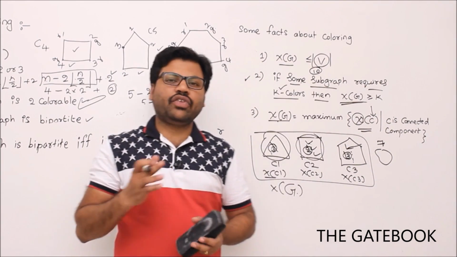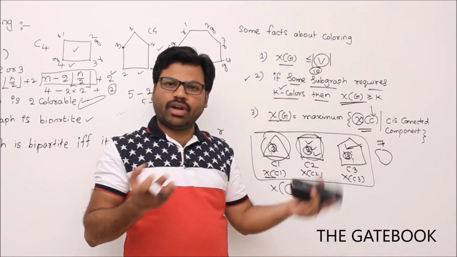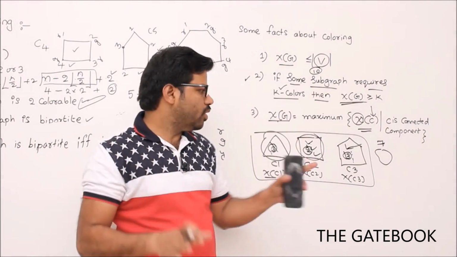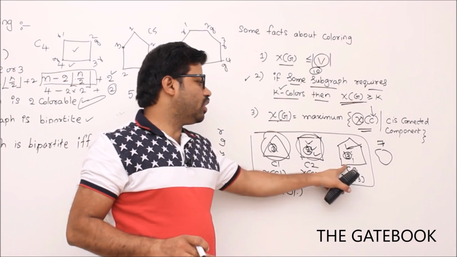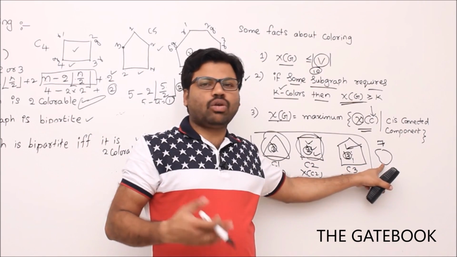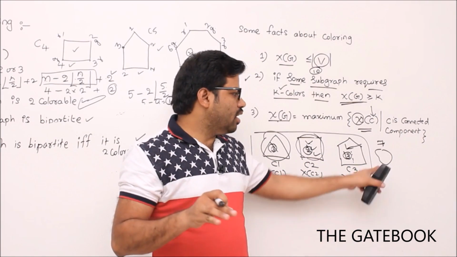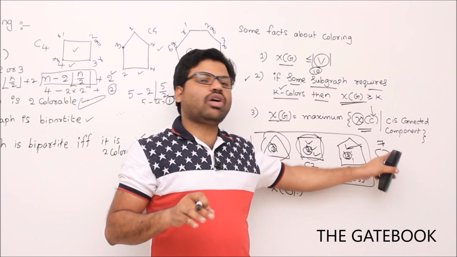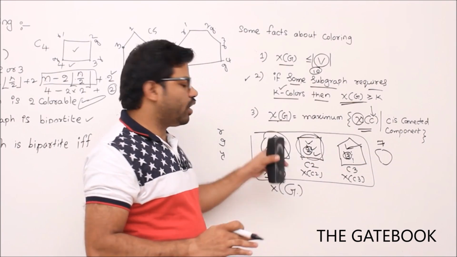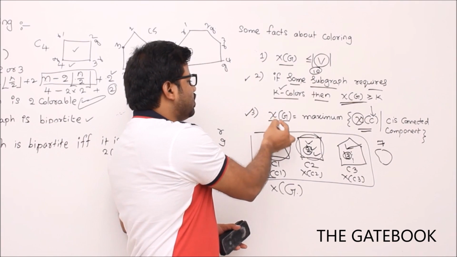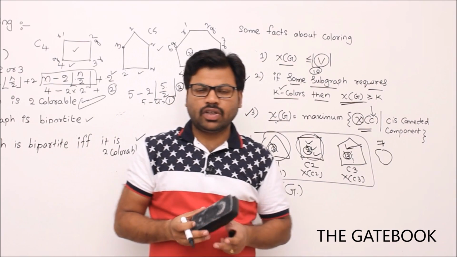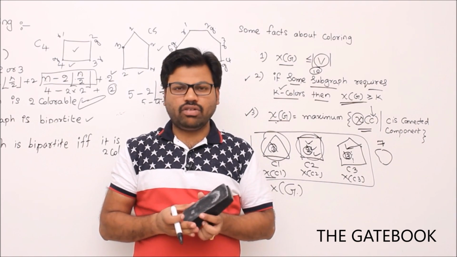So take every component and find its chromatic number, and out of them get the maximum one. Here, 3, 2, 3. If you have another component whose chromatic number is 7, that means the minimum colors required to color this component is 7, then overall you require 7 colors, not more than that. That is this fact. So these are all the facts about coloring.